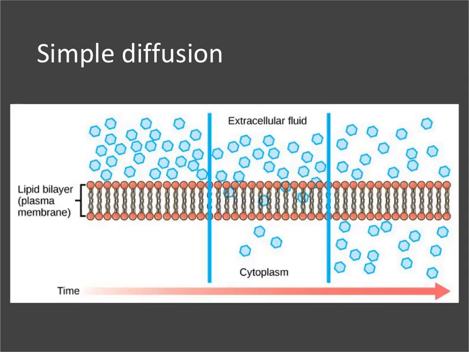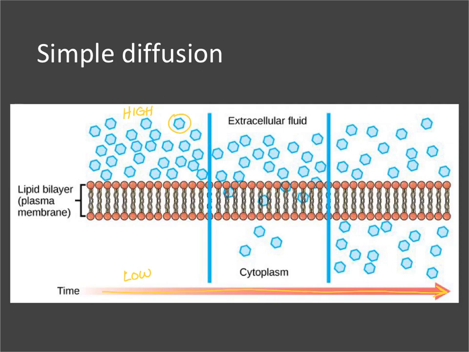This picture is showing you simple diffusion happening across the cell membrane. So you can see in the picture that we're looking at what's happening over a period of time here. So we start out with a high concentration of whatever this substance is on one side of the cell membrane, and then a low concentration on the other side.